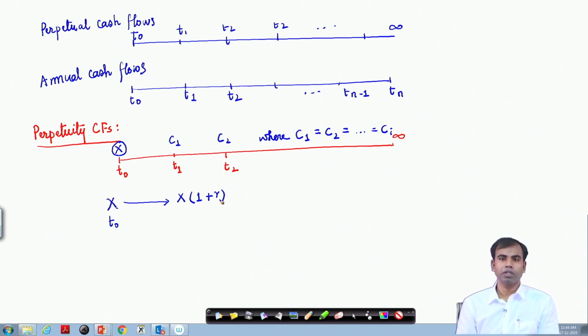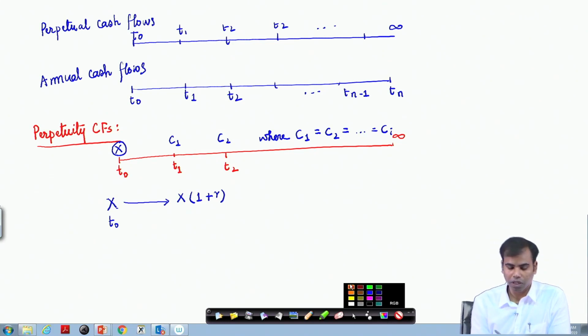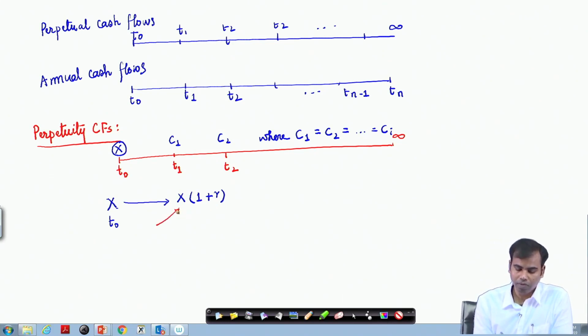So, x into 1 plus r is basically x amount of money invested and r is basically your rate of return. So, here x is the amount invested today and r is the rate of return.